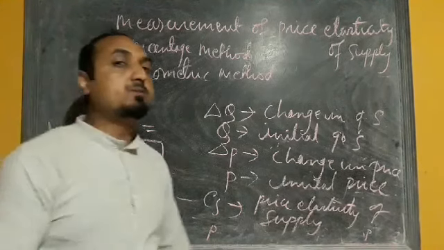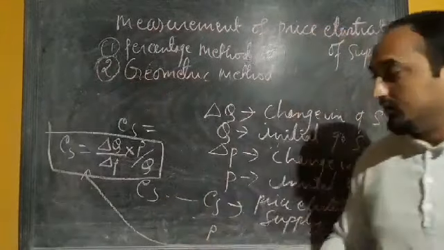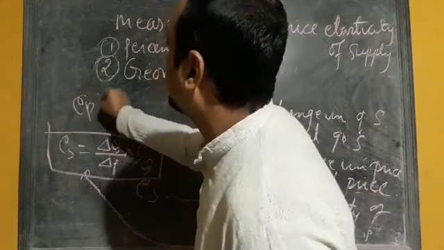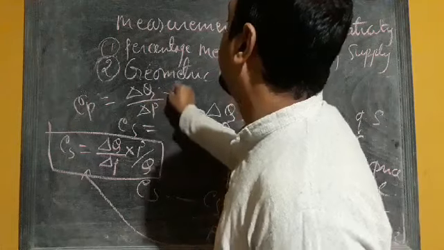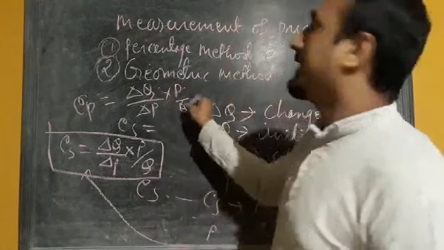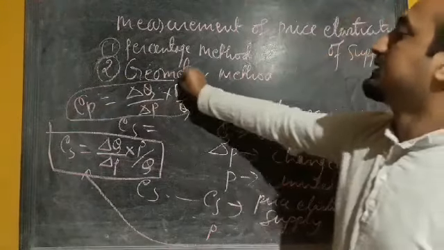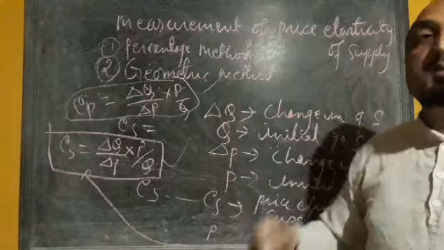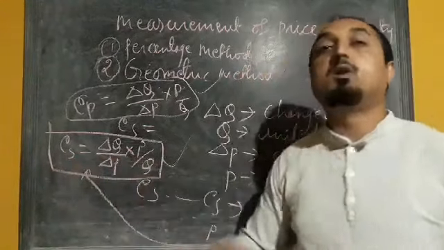With the help of this formula, E is equal to del Q by del P into P by Q, we can solve numerical problems also. If you compare it with price elasticity of demand, which we have already done, we get the same formula, del Q by del P into P by Q. So the formula is the same. In place of demand, the term supply will be used.